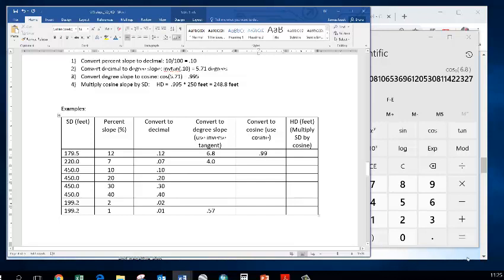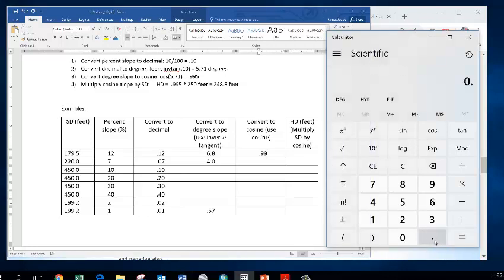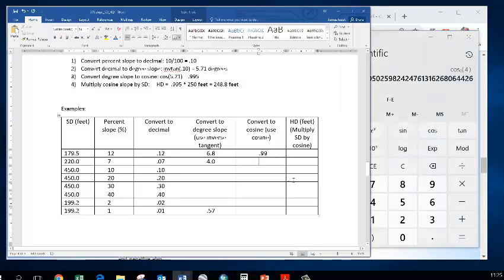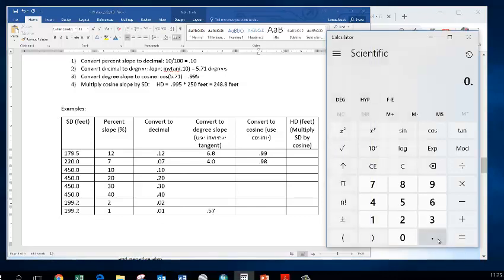All right, let's go clear. We'll go 4. And we'll hit the cosine. Oh, look at that. 0.98. Not much difference, huh? And then let's go to that 1% slope, or that 0.5 degree slope, 0.6 degree slope.